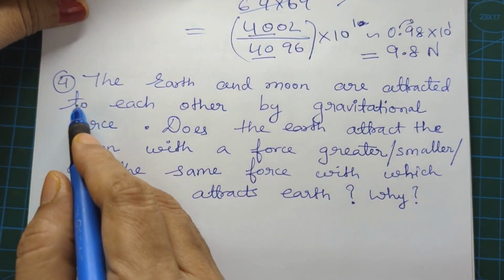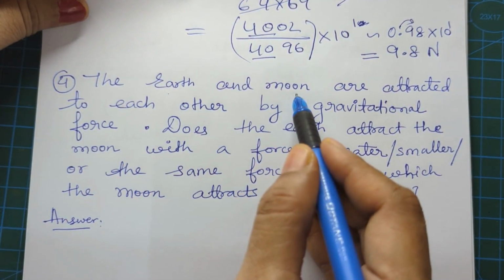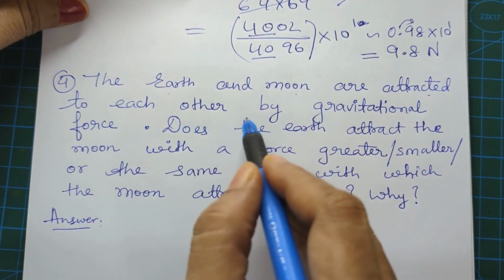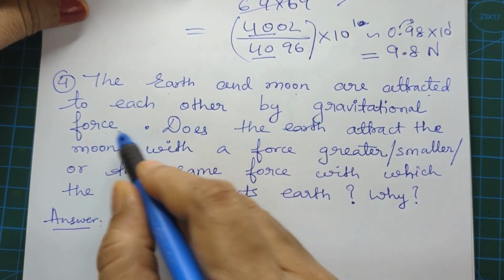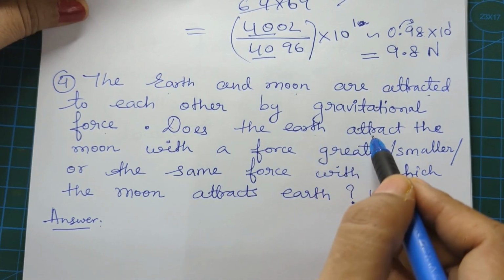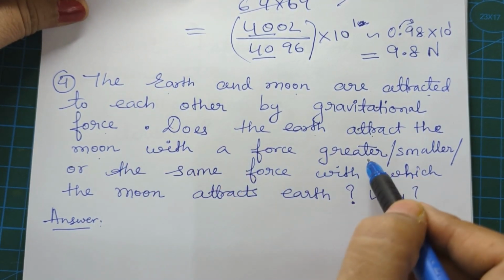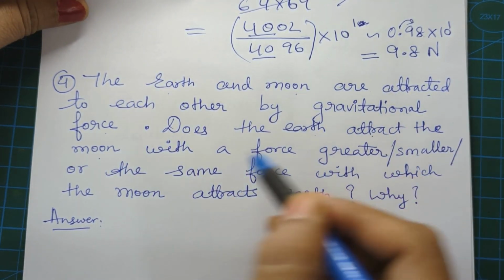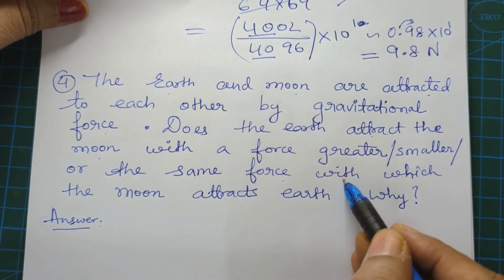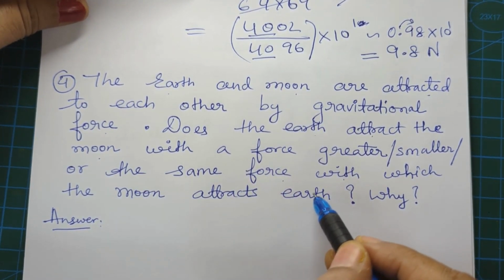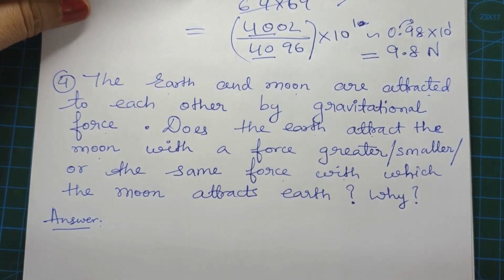The fourth question of the exercise is, the earth and moon are attracted to each other by gravitational force. Does earth attract the moon with a force which is greater or smaller or same as the force with which moon is attracting earth? So the point is, by Newton's third law of motion, force between any two objects is always equal in magnitude and opposite in direction.